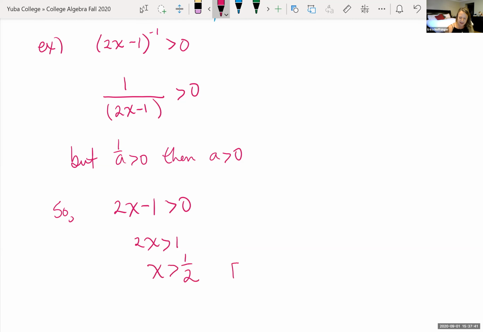So we're looking at things getting close to 1/2, but not including it. So parentheses 1/2 to infinity.